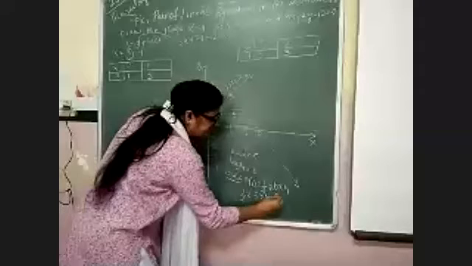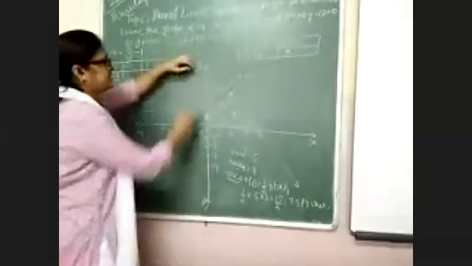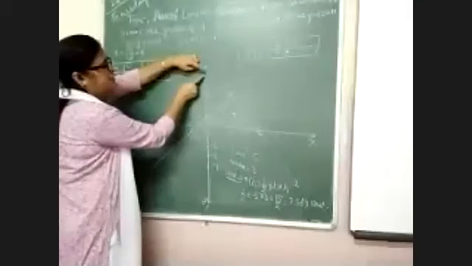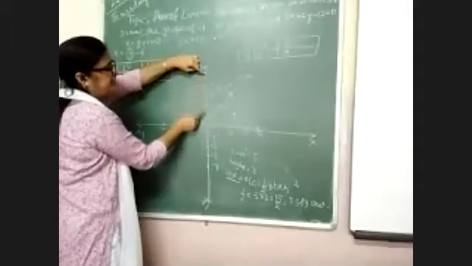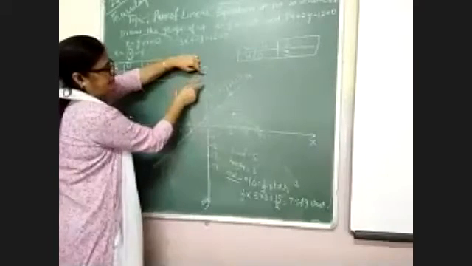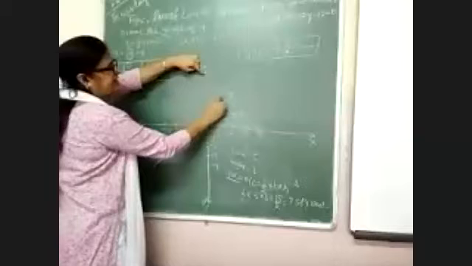And sometimes you have to find the area of the region along with the y-axis. Then how will you find it? This is the y-axis, from this point to this point. First you will find the base, 1, 2, 3 and 4. Base is 4 and height is 2.